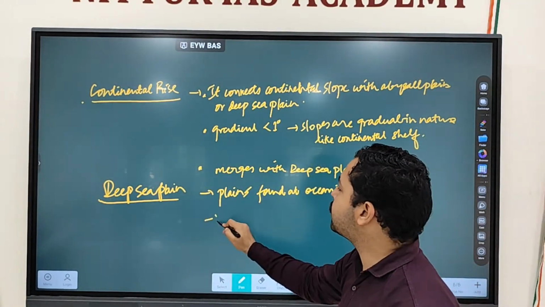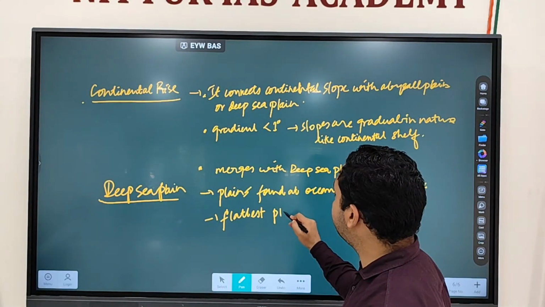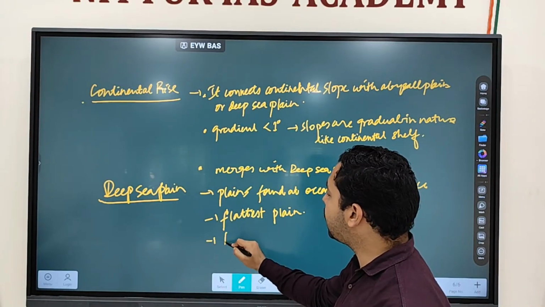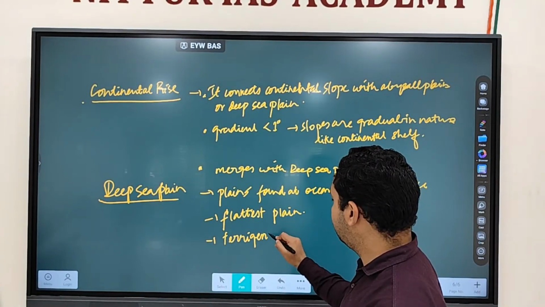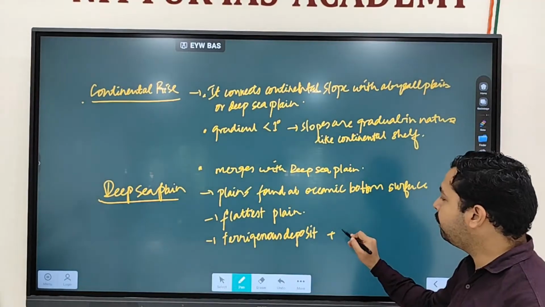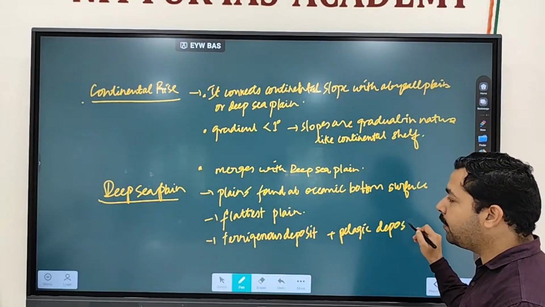They are the flattest plains and contain both types of deposit, terrigenous deposit and pelagic deposit.